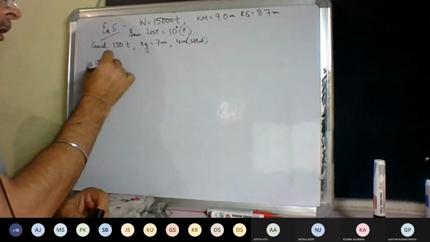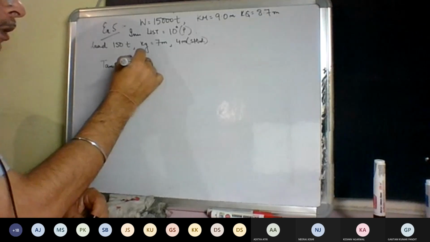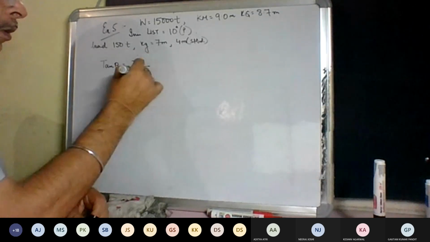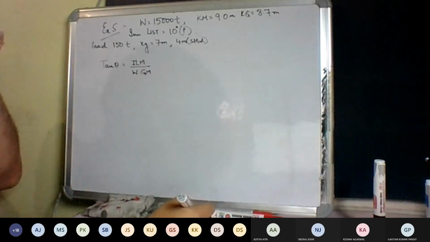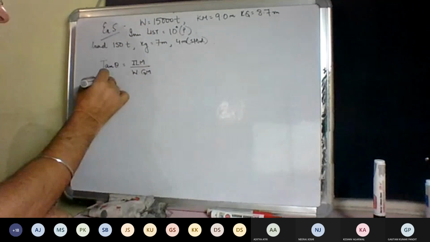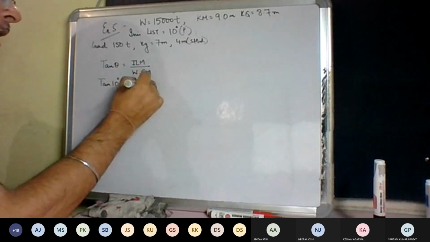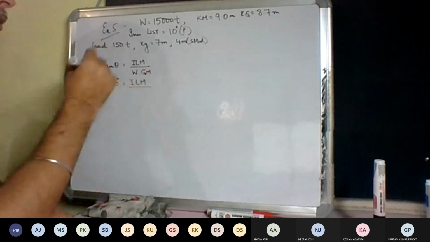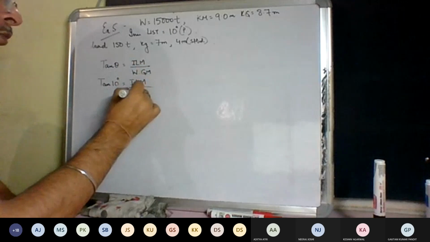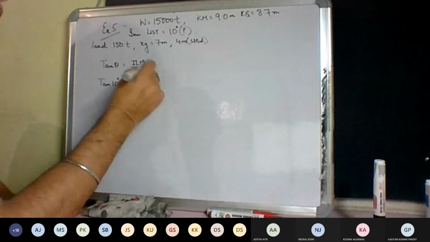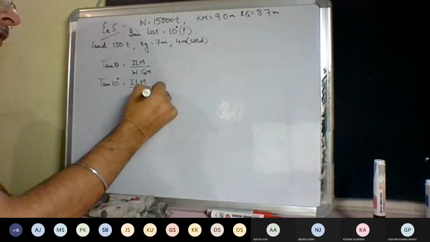तो tan theta is equal to initial listing moment upon W into GM fluid. So tan 10 degrees is equal to ILM, initial listing moment, W 15,000 tons, initial GM 0.3.